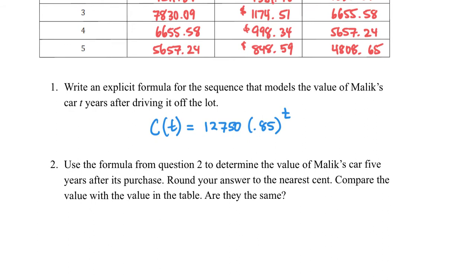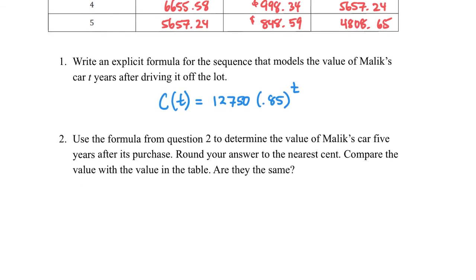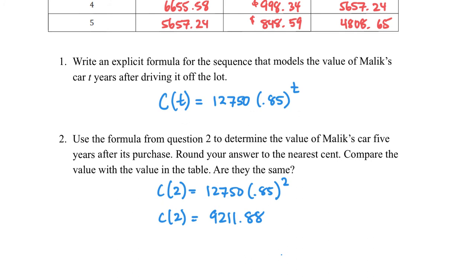So then to get our value after 2 years, we're just going to plug in 2 for T. So stay with me. I'm going to get to the punchline here in a minute. So if I want to know what's the value after 2 years, I'm going to plug in 2 for T. So the value after 2 years then is going to be, plug this into your calculator, $9,211.88, which is exactly what we saw in our table.